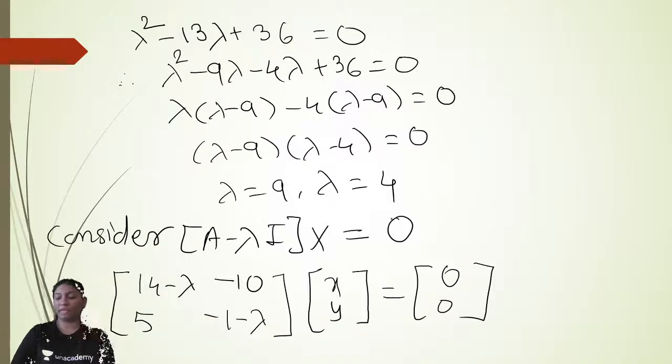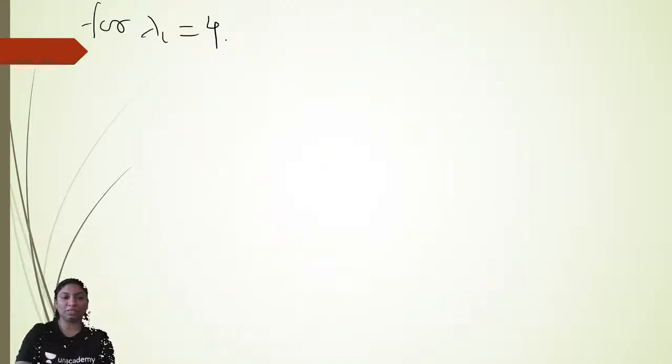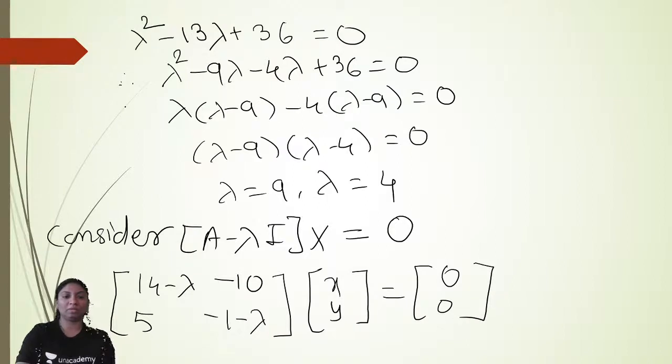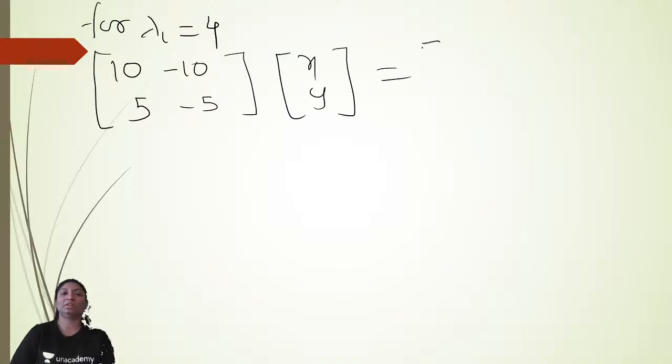So we will get the equation for lambda 1 is equal to 4. For lambda 1 is equal to 4, we will get 14 minus 4, that is 10, then minus 10, 5, and minus 4, minus 5, into x y is equal to 0, 0.